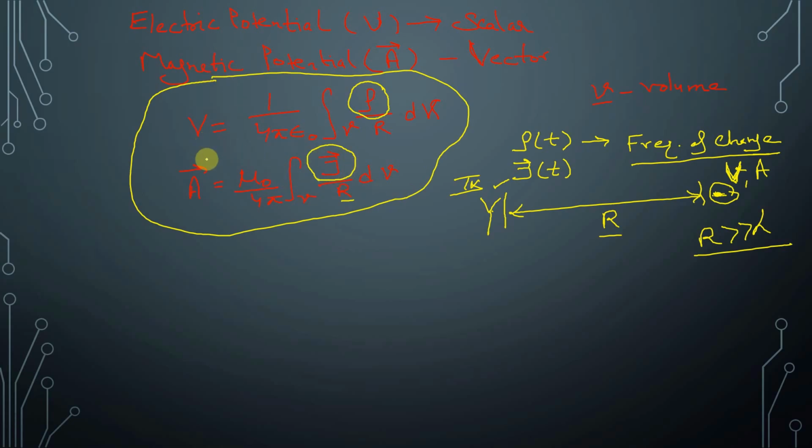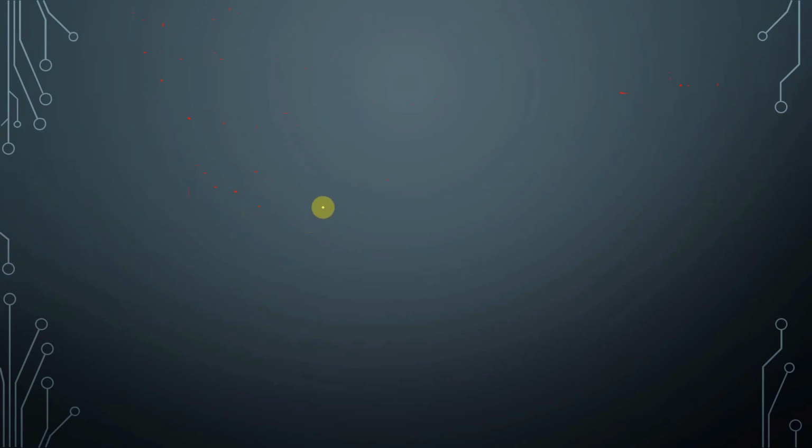So V and A, we know these are the formulas, but here we are going to derive them in terms of retarded potential. Let us start with the basic terms. We know that del dot B is equal to 0.